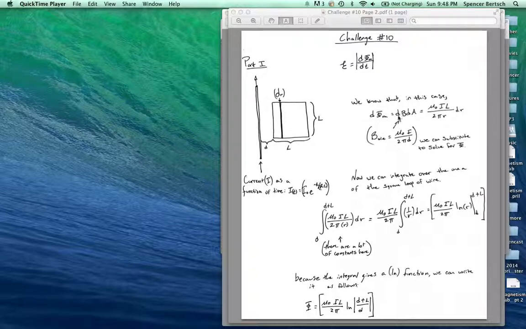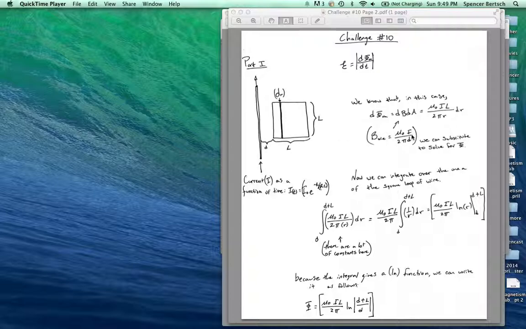We know dB, the magnetic field of a wire at some point in this little strip, is going to be mu naught times I, the current, over 2 pi r.